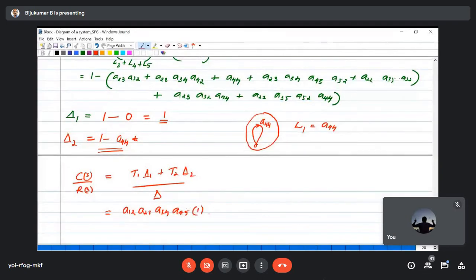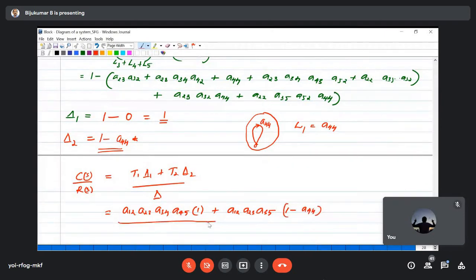Delta 1 is 1 only, plus T2, which is A12, A23, A35 multiplied by delta 2. Delta 2 is 1 minus A44. The whole divided by delta.